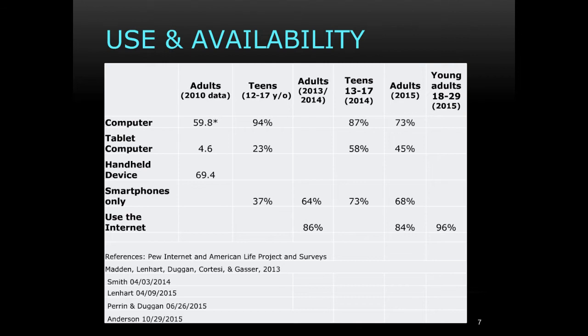We find that young adults are most likely to access and use handheld devices. Data from the Pew Report show that individuals from racial and ethnic minority backgrounds are equally as likely to have access. This isn't always true with other types of devices, like gaming consoles or even computers.